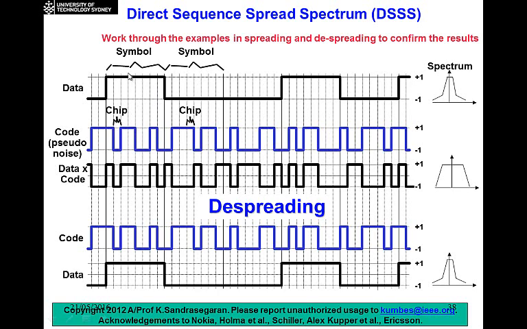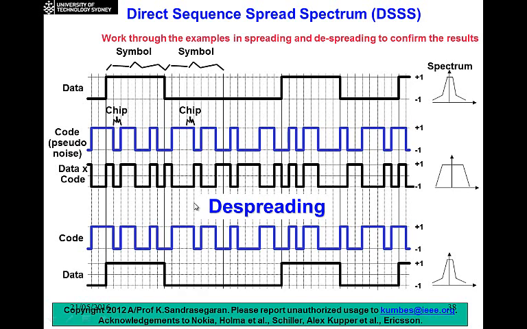Remember this is +1, so we have a +1 and a -1. When we multiply this, the output is very similar to the chipping sequence when the data is a 1, and when the data is a -1, the output is the inverse of the chipping sequence. So this is the output that we get as a result of multiplying the data by the chipping sequence.